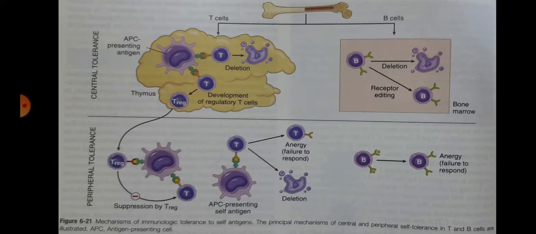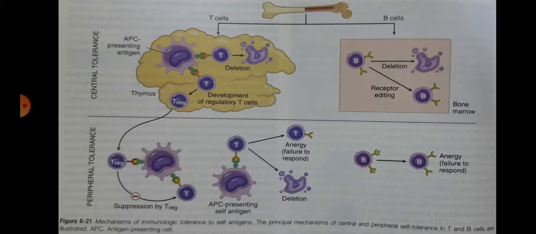The second mechanism of peripheral tolerance is suppression by regulatory T cells. Here we know that a population of T cells called regulatory T cells functions to prevent immune reactions against self-antigens.